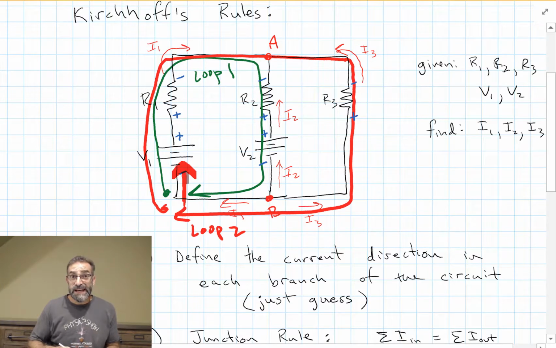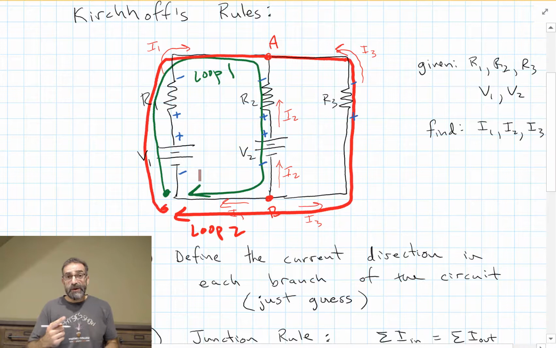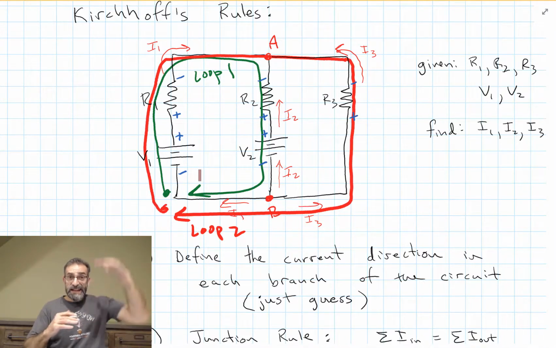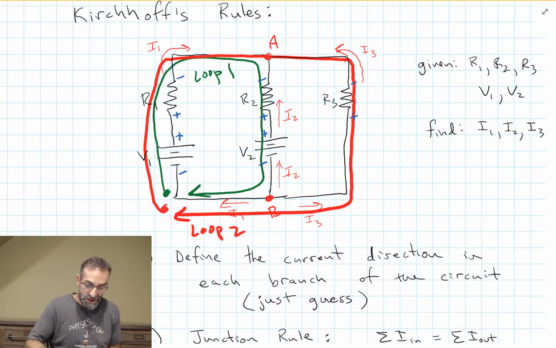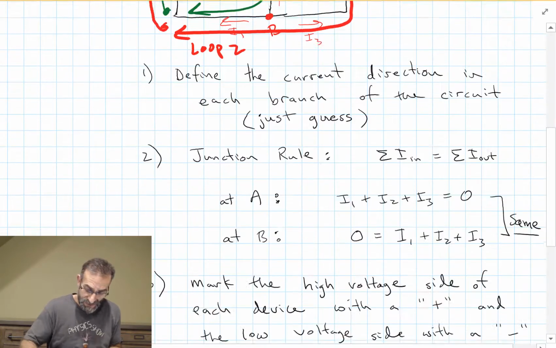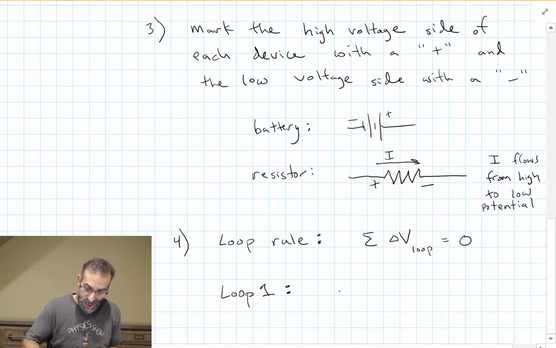First thing I do is I hit the low voltage terminal of battery 1, and I go in the low voltage terminal, and I come out the high voltage terminal, so I've gone up by V1. I'm now at a higher potential than I was. I've risen by the voltage difference on that battery, V1. That's a rise of V1.